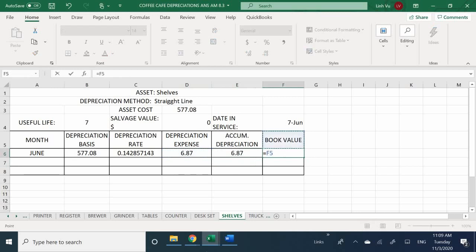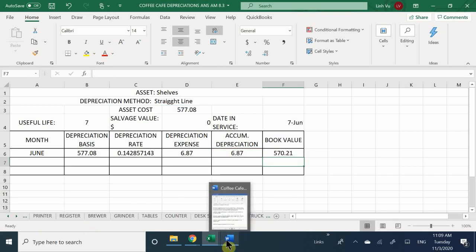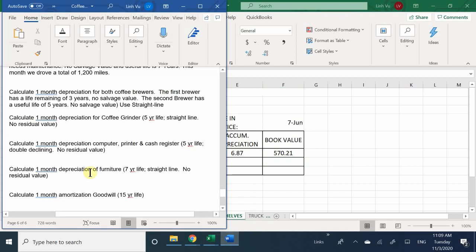Making my new book value 570.21. Okay. Since we're in the depreciation table already, let's go ahead and do the last one.